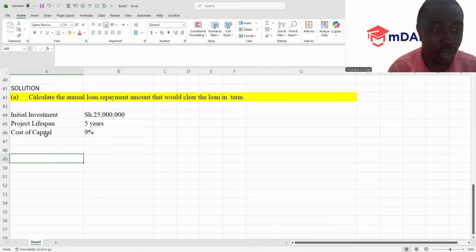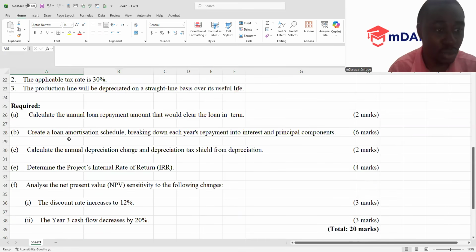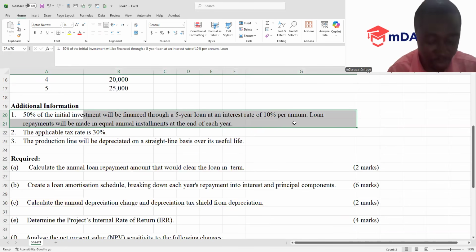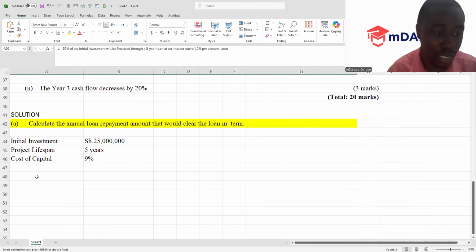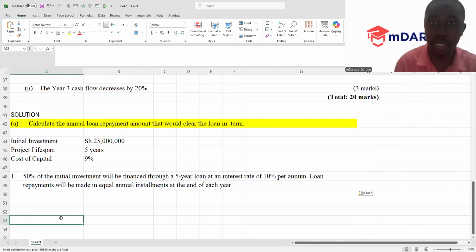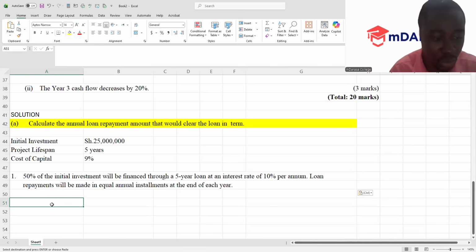So in this case, what is our loan amount? There's a note that you're given here, and this note will guide us. Because you're using Excel, it will be much easier to just copy and paste. We're told that of the total investment, 50% will be financed using a loan.